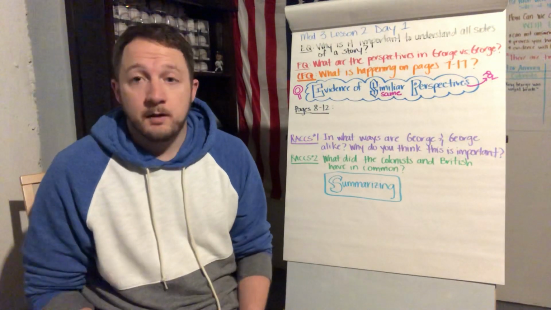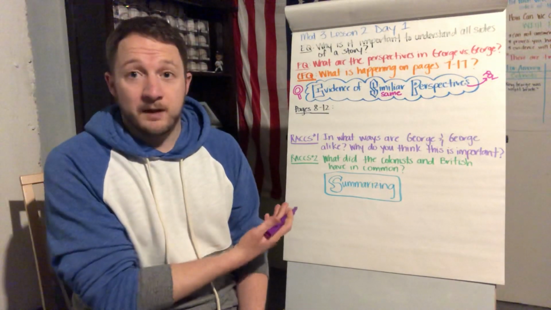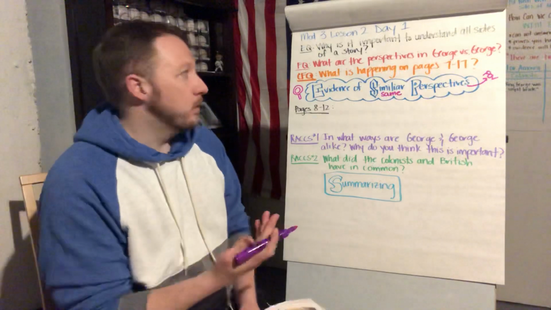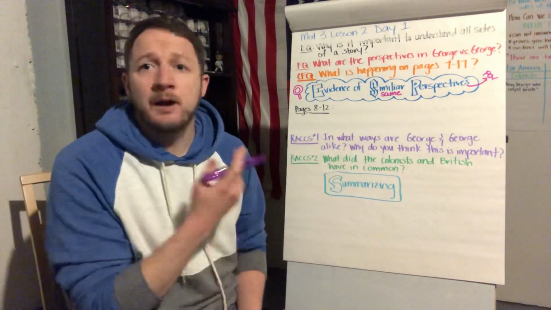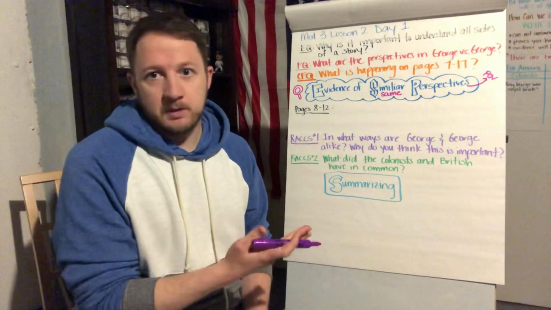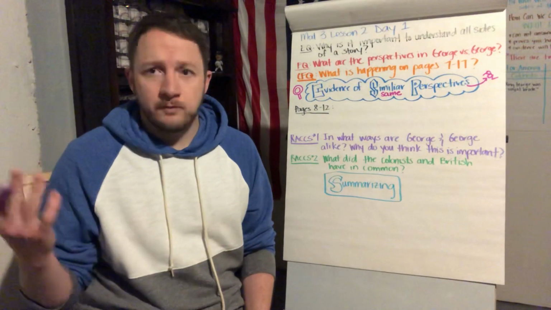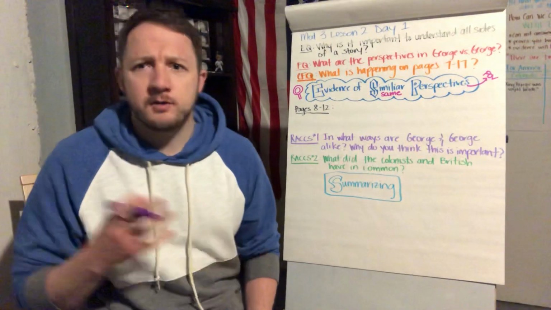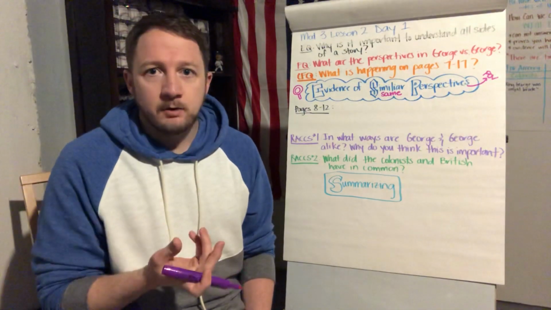It'd be smart if you were thinking of things that you could find as I was reading that show that both the British and the colonists are actually on the same side on some of this stuff. Now, that sounds crazy, because everything so far is George versus George, colonists versus British. But there are some things you're gonna find that they kind of had similar views on.